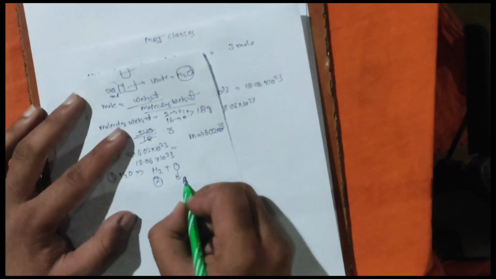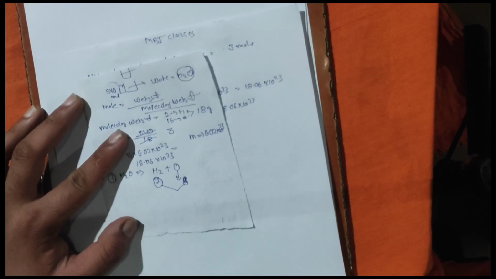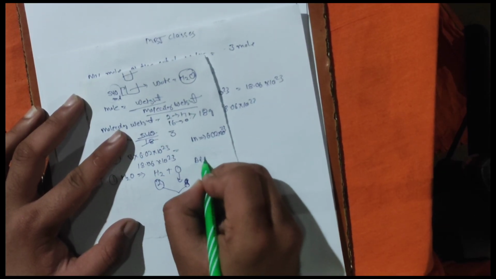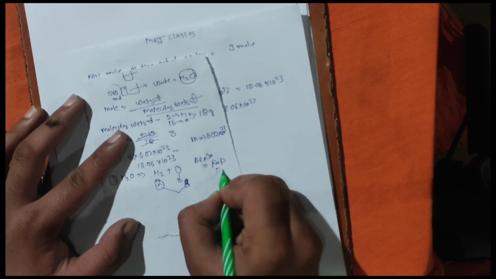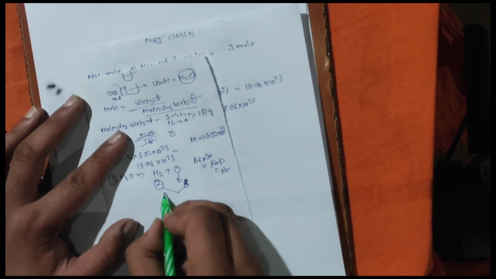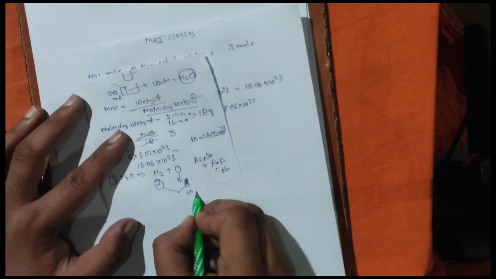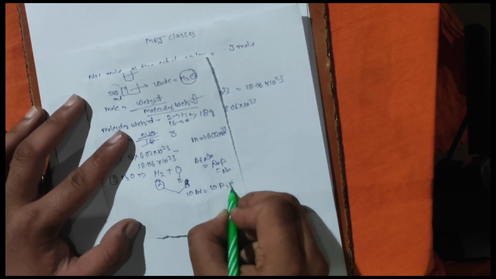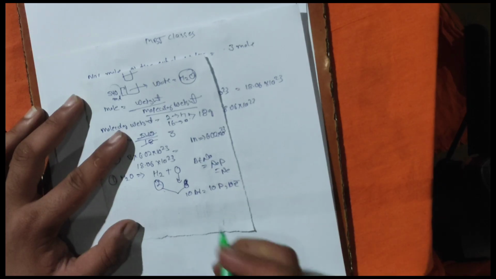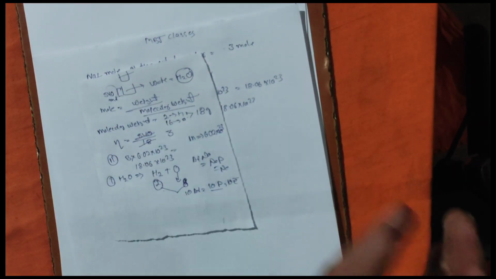We know the atomic number is the number of protons, and the number of protons is equal to the number of electrons. So here we have a total atomic number of 10, which makes 10 protons and 10 electrons. So in one molecule we have 10 protons and 10 electrons.